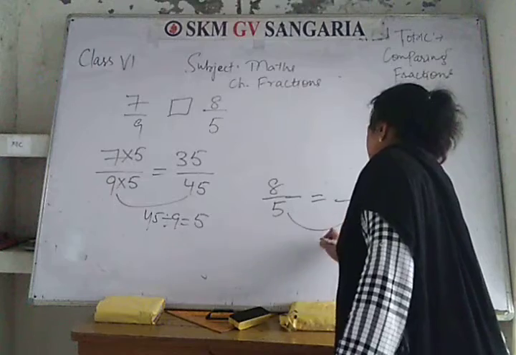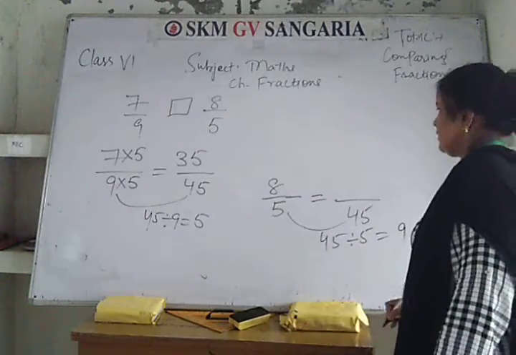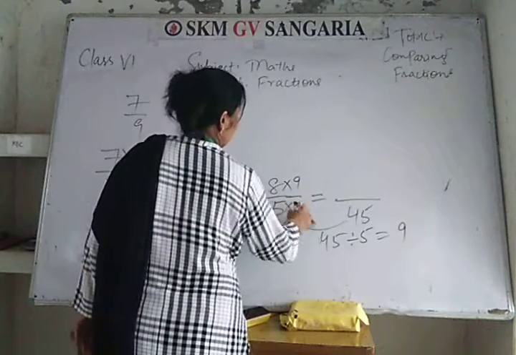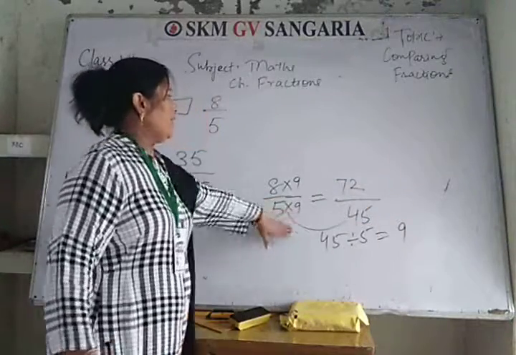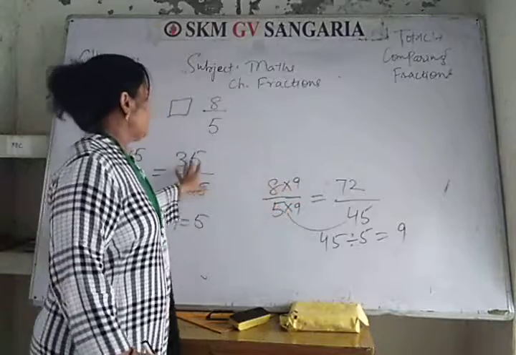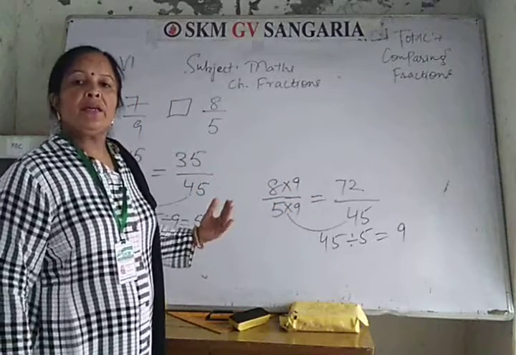Here both of the denominators are given. Divide 45 by 5, you get 9. So this 8 will be multiplied by 9, and 5 will also be multiplied by 9. 8 9s are 72 and 5 9s are 45. Now these two fractions are equivalent. So which will be greater? Whose numerator is greater?